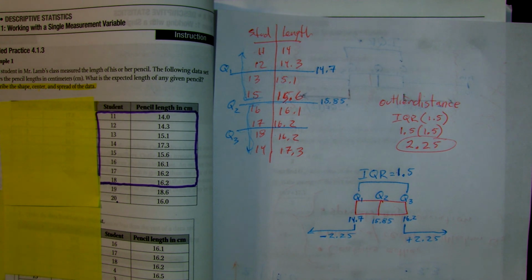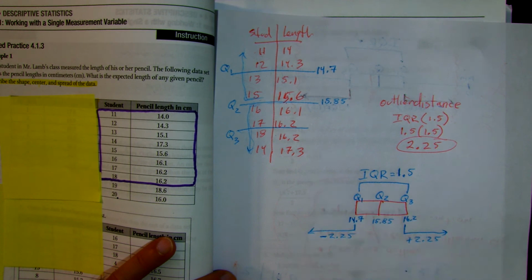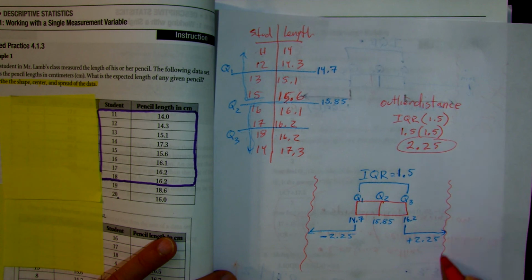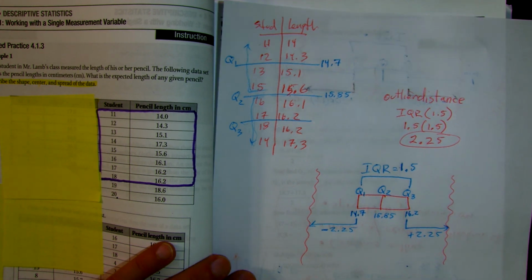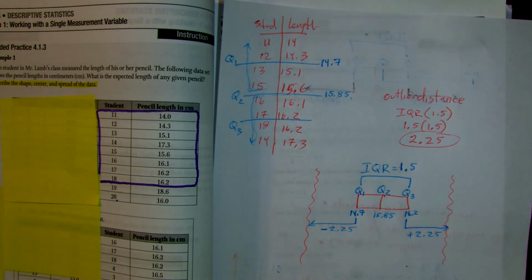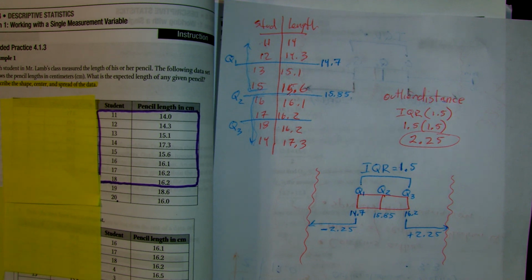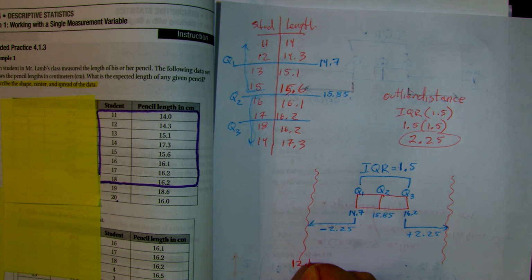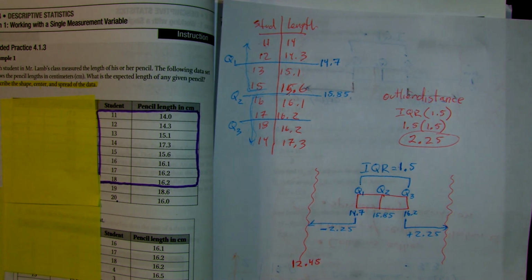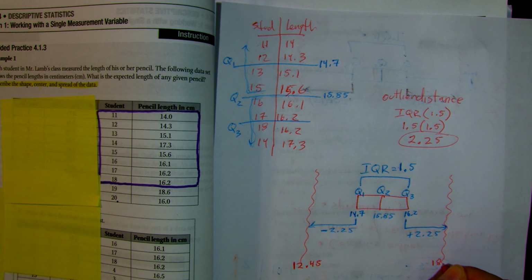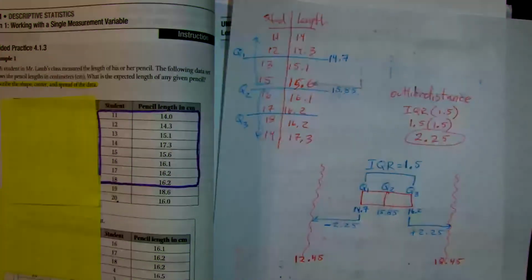So let's see, where is this fence? We're going to see where the fence ends up. All right, the fence is 14.7 minus 2.25, and we get 12.45. And then 16.2 plus 2.25, and we get 18.45.